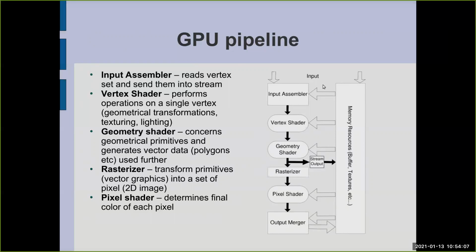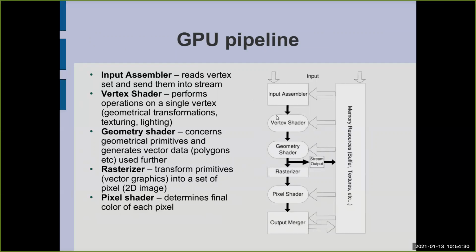So we have a set of vertices. So our objects are represented as a set of vertices with relations defined. And this is the input.